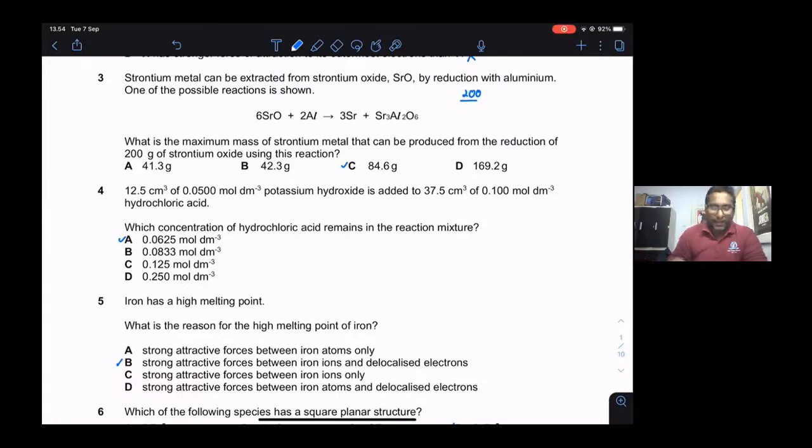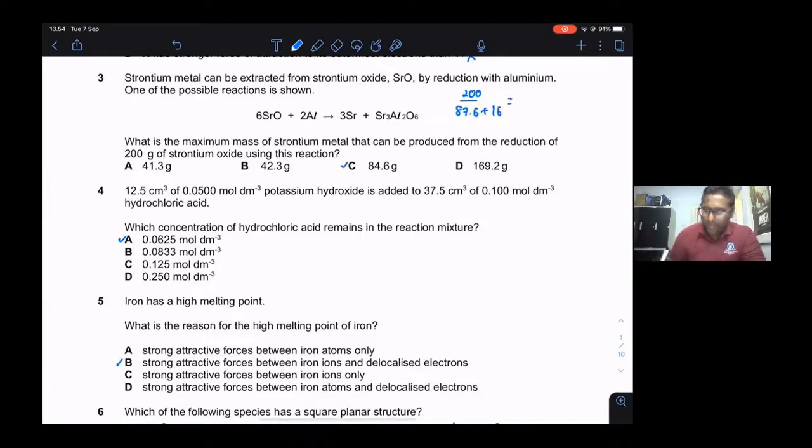If you look at the periodic table, I'll just check from the data booklet. Strontium will have 87.6, and then oxygen is 16.